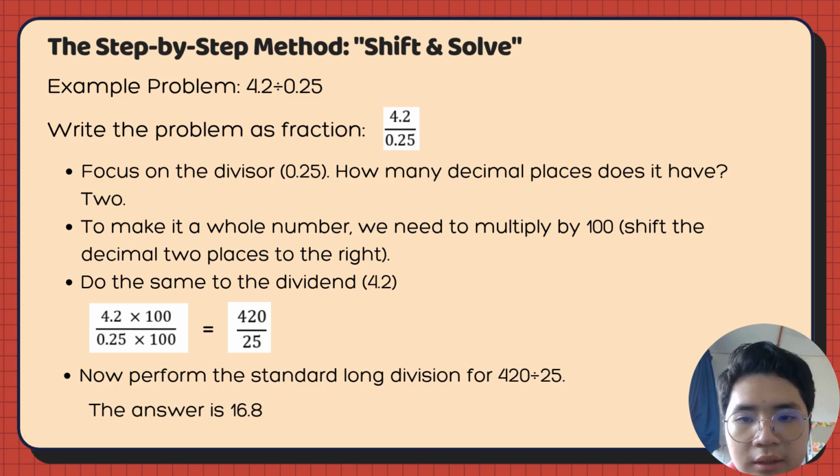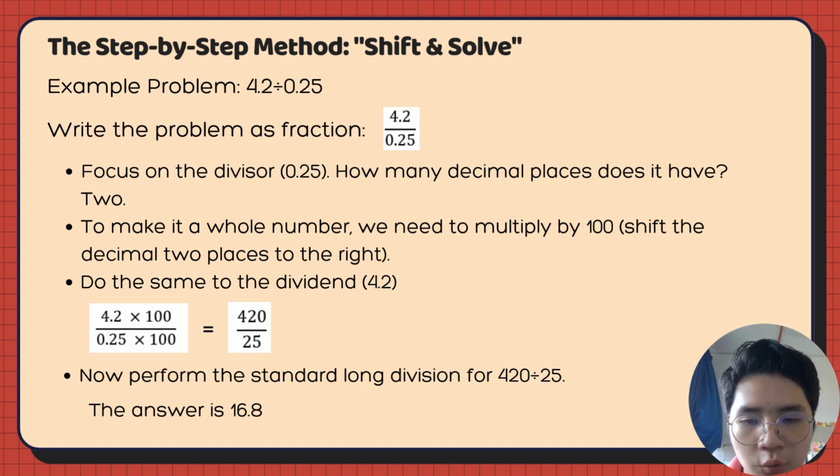Now it's about the step-by-step method, which is shift and solve. The example problem is 4.2 divided by 0.25. We can write the problem as the fraction 4.2 over 0.25. We focus on the divisor 0.25. How many decimal places does it have?